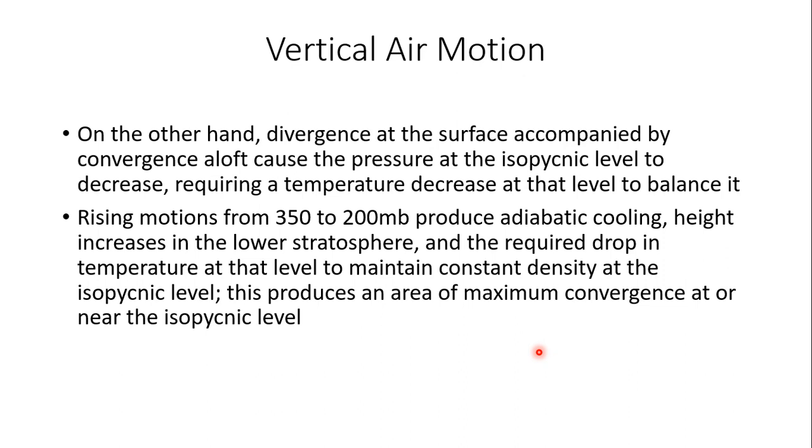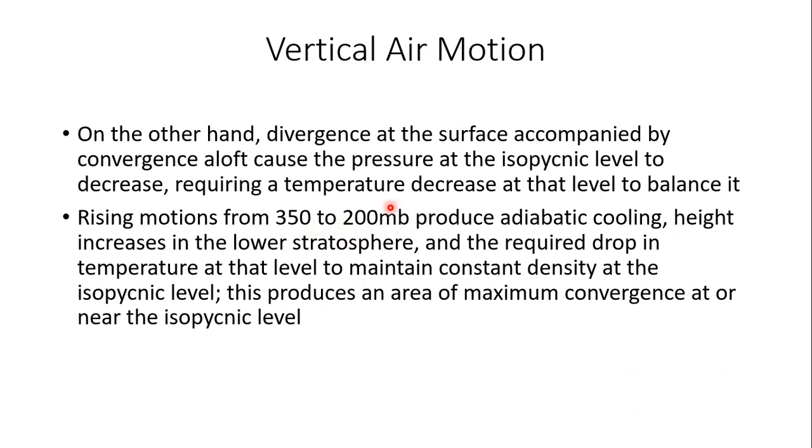And then we flip it around here and we say, on the other hand, let's say we have divergence at the surface. That's going to be associated with high pressure at the surface. Upper level convergence aloft is going to cause the pressure at that isopycnic level of constant density to decrease, and that's going to require the temperature to decrease at that level to balance it. So let's say we have rising air motions from 350 to 200 millibars.